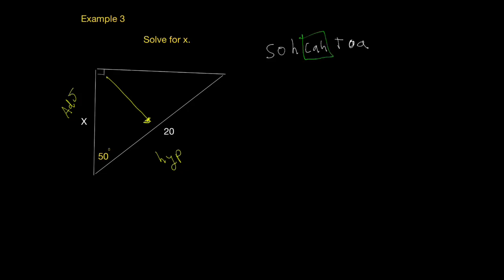We're going to get cosine of our angle of reference, which in this scenario is 50 degrees. So cosine of 50 degrees is the ratio of the adjacent side over the hypotenuse, so A over H. The adjacent side A is going to be x. The hypotenuse H is 20, so we're going to get x over 20.